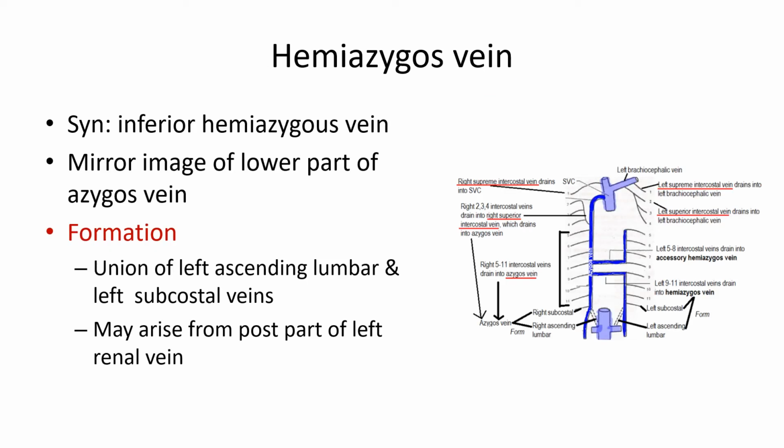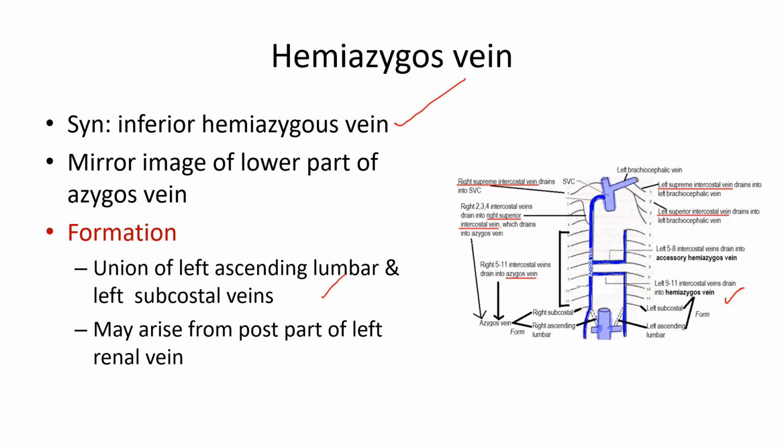Now let us see what the hemiazygos vein is. It's also known as the inferior hemiazygos vein. This is the hemiazygos vein which you are seeing on the left side, and it is the mirror image of the lower part of the azygos vein. And this is also formed by the union of the left ascending lumbar and left subcostal veins.